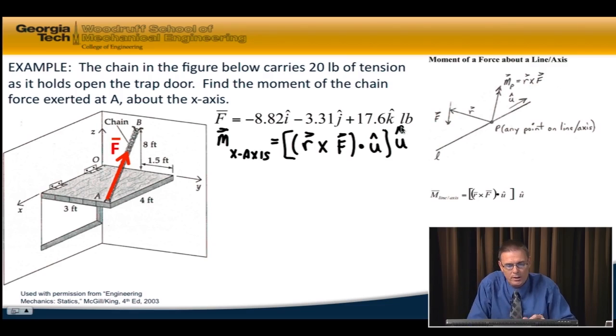And so the next thing we need to find is the position vector from the axis or the line about which we're finding the moment, any point on that line or axis, to a point on the line of action of the force.